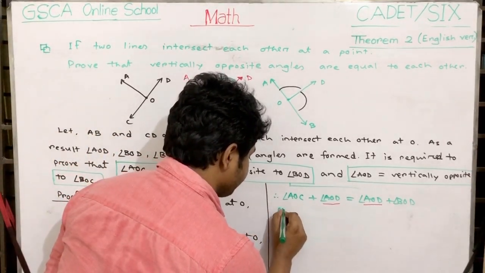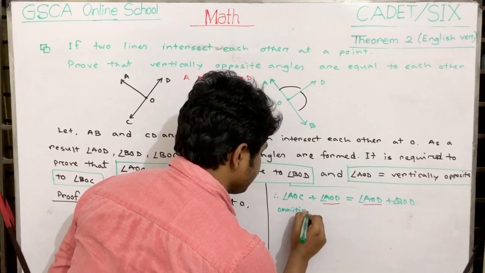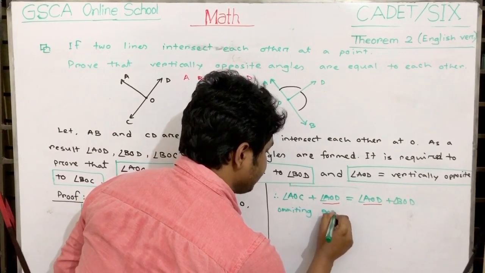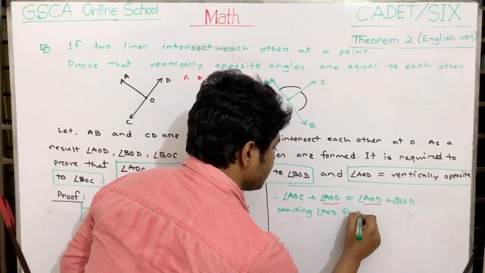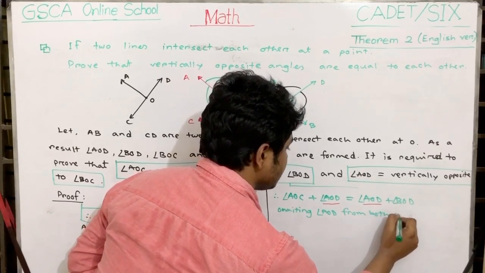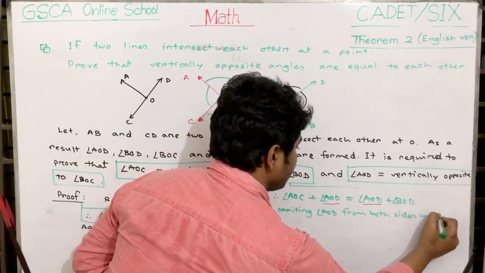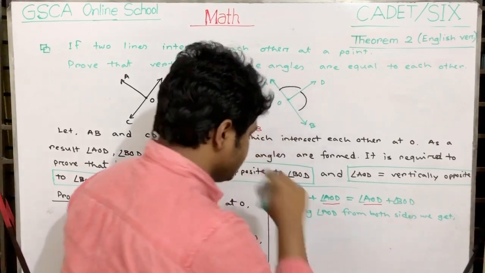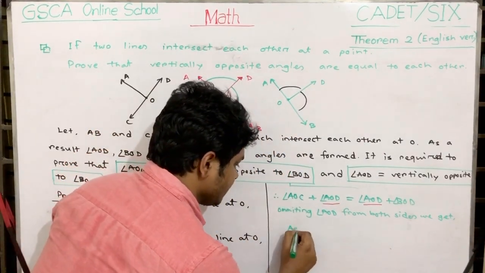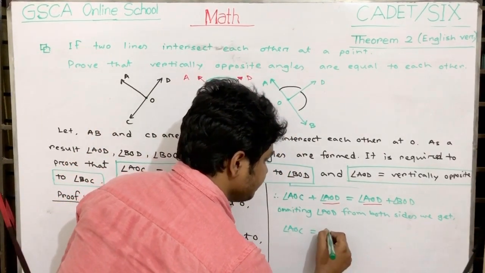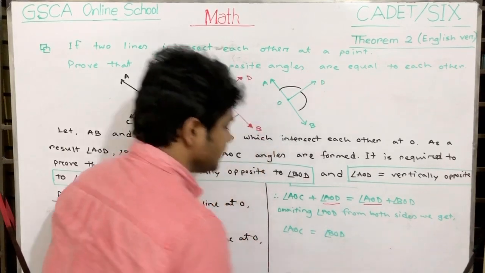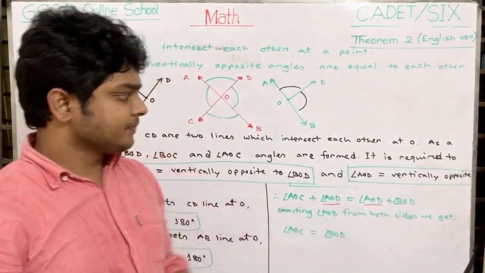Omitting AOD from both sides, what do we get? AOC is equal to BOD.